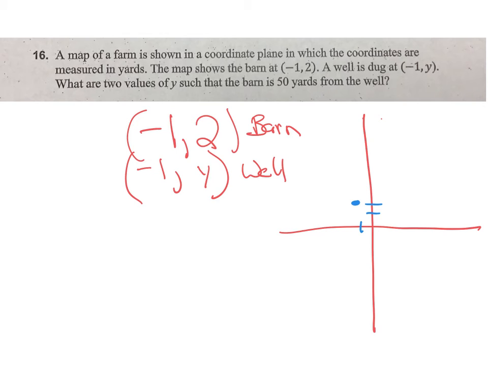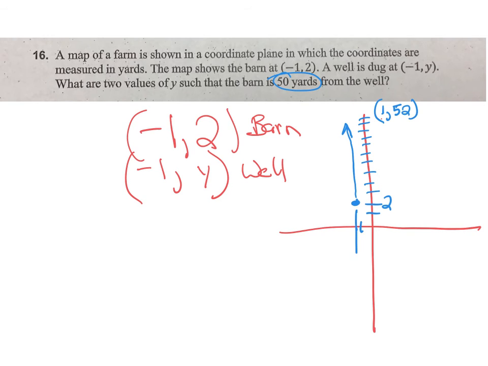So the y has to be 50 yards away. So if I start at 2 right here, and I go 50 yards this way, it's going to end at (-1, 52), because I start at 2 and I go 50 more.